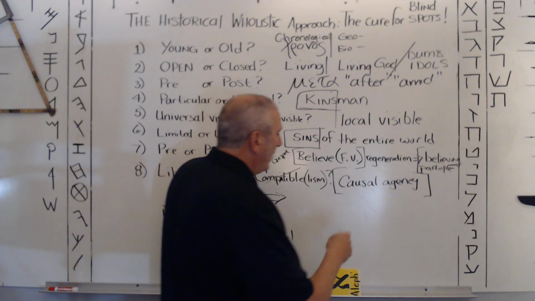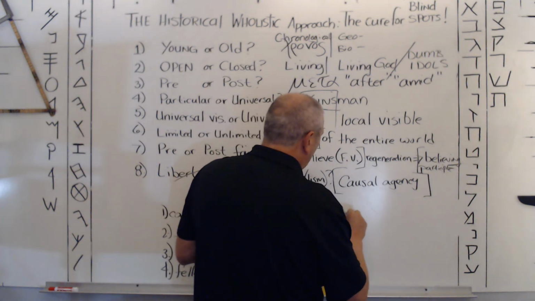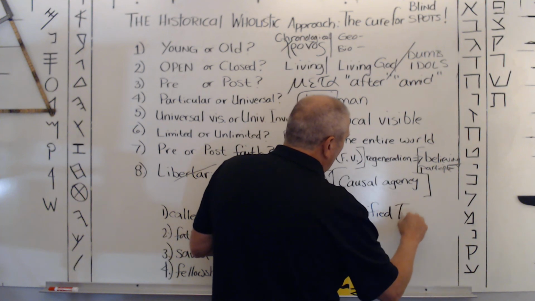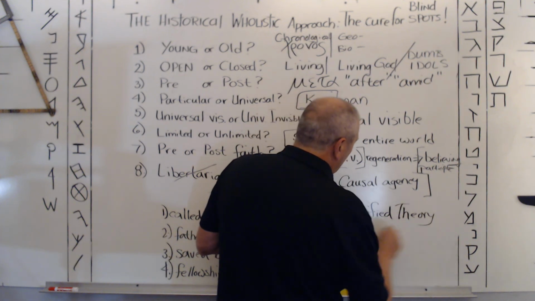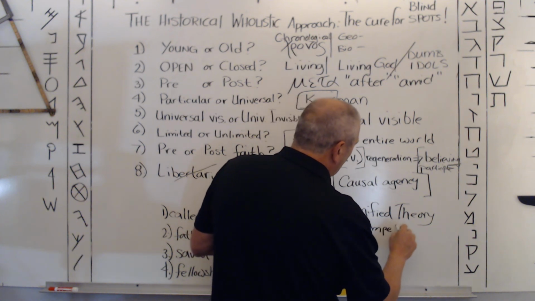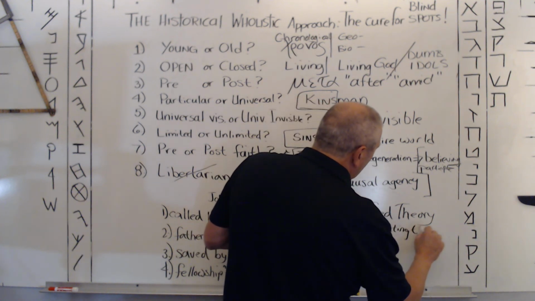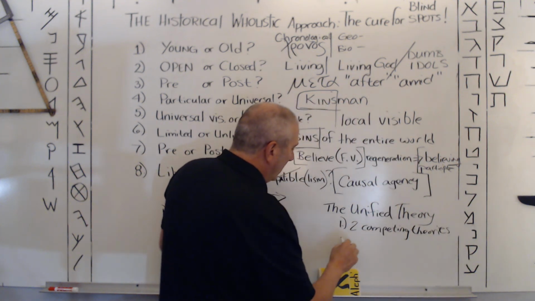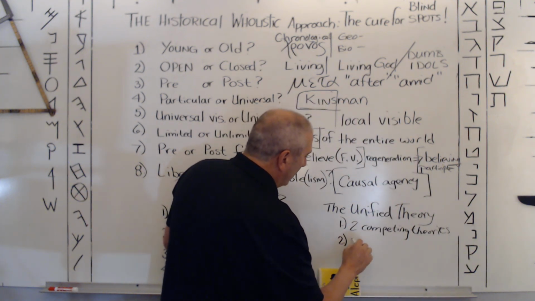Remember that, the unified theory. What we learned with it is that when we had two competing theories, those became obsolete.